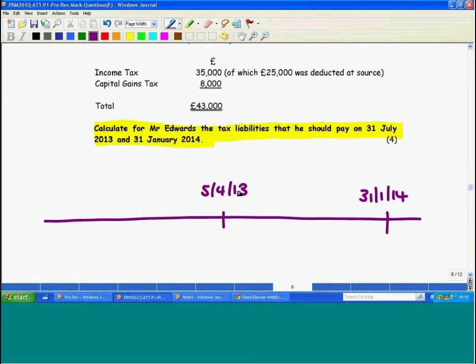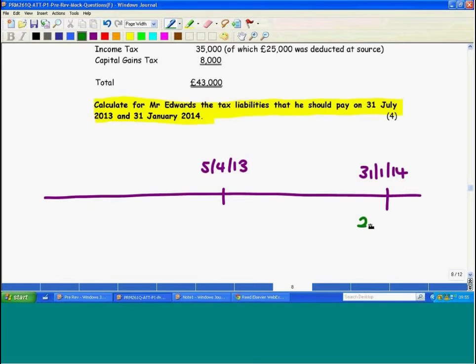So that tax year has finished, and that of course is the end of 2012-13. So what we've got here is the 2012-13 balancing payments. Okay, so that's what they're asking us to calculate here.